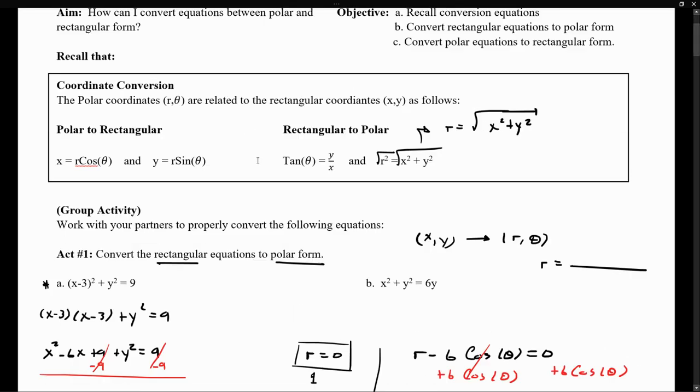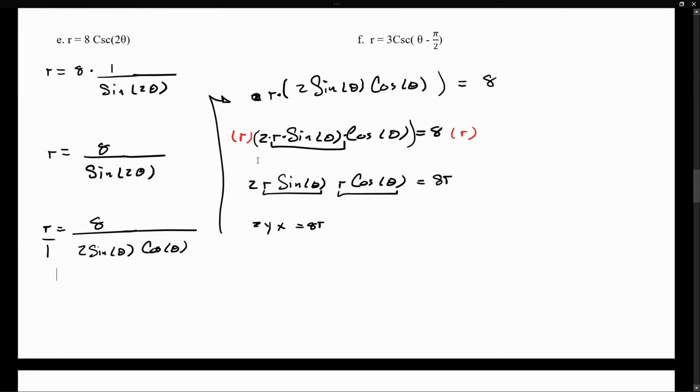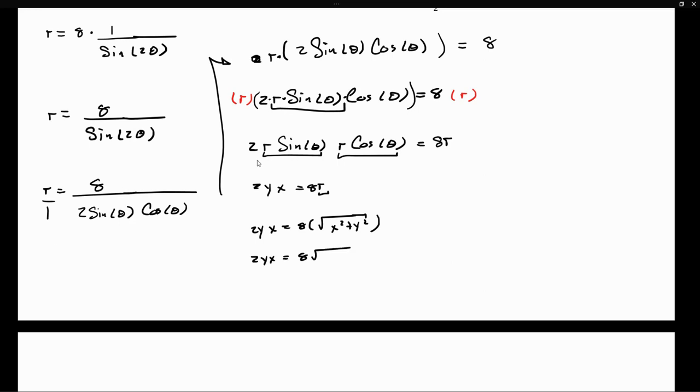Going back to my function, now I can substitute this r. So now we have 2yx equals 8 times the square root of x squared plus y squared. Let's simplify this: 2xy equals 8 square root of x squared plus y squared.